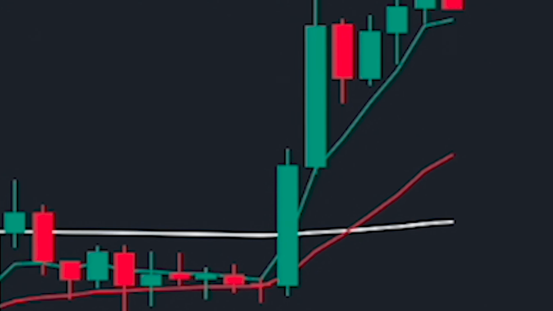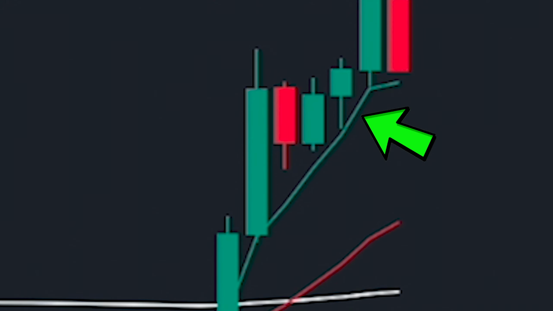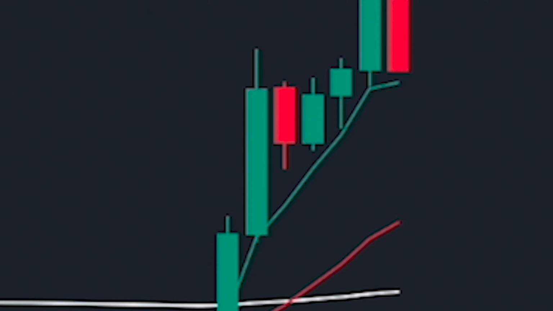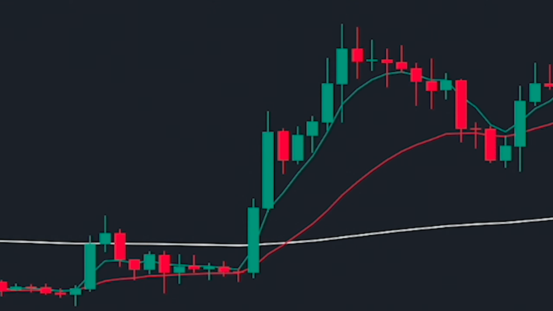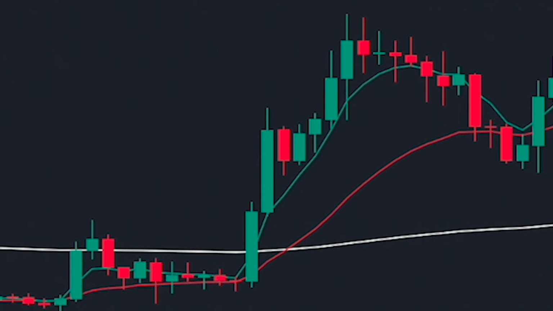After the breakout, we should notice that the moving average 5, which is in green, is higher than the moving average 20, which is in red. This means that the lines should be arranged in this order, and these are the only requirements for the moving average indicator. Let's move on to the second part, which is the circumstances for candle movement.